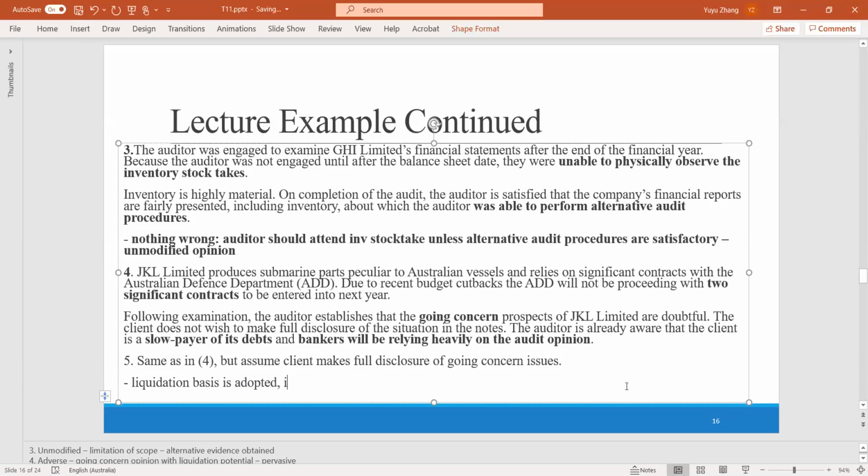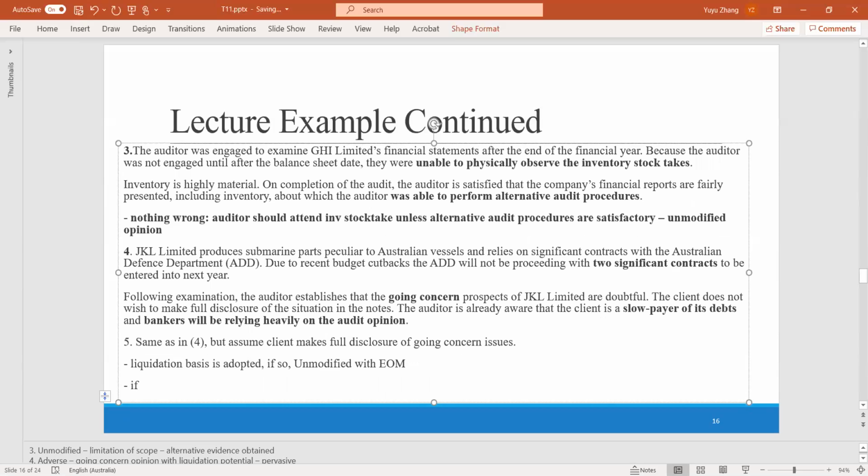If so, that's unmodified, with UM. However, if still adopting the going concern basis, disclosure is not full. So actually it will be an adverse opinion. Is that right? Okay.